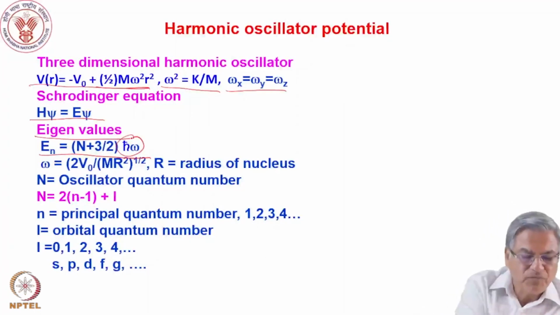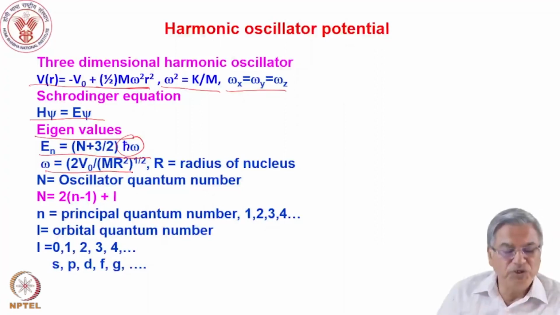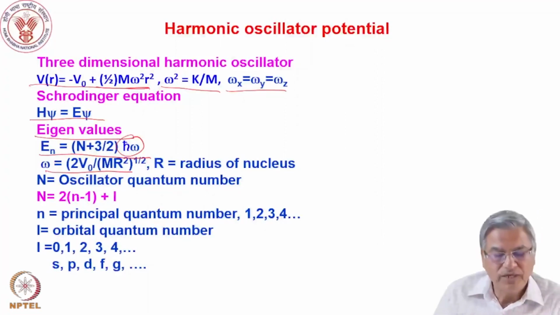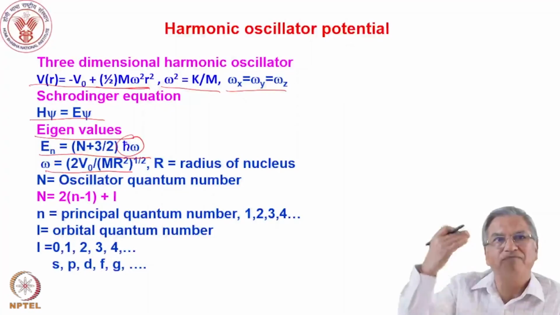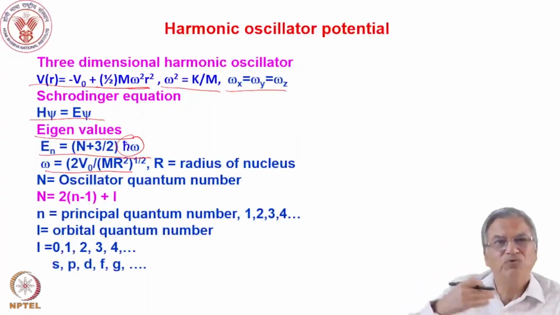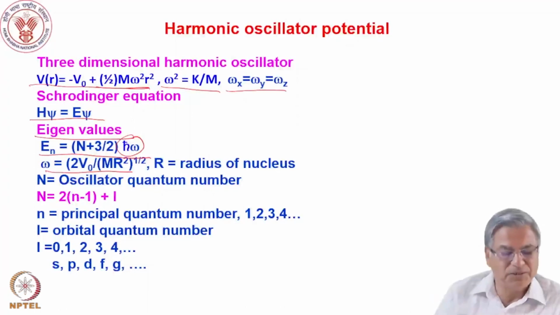The frequency of oscillation can be given by the square root of 2 V0 upon m r square, where r is the radius of the nucleus and n is the oscillator quantum number. The oscillator number can start from 0 to higher values, 0, 1, 2, 3, 4, and as the n value increases, the energy of the shell increases.